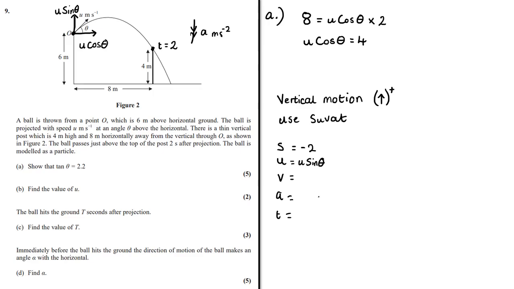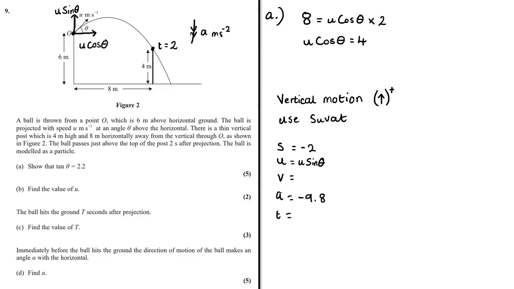Okay. V, we don't know what that is, so we just leave that blank. We can't put anything for that. For the acceleration A here, as acceleration is due to gravity, it's going downwards, and we took upwards as being positive, so this would be -9.8.